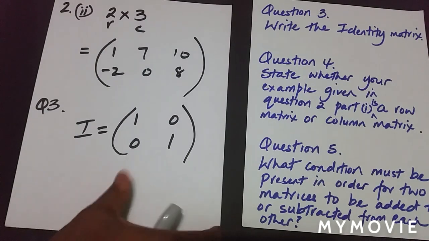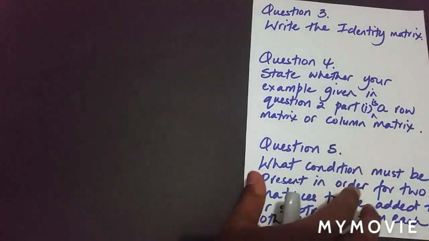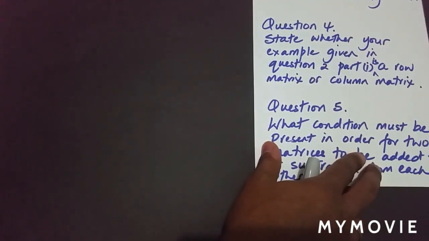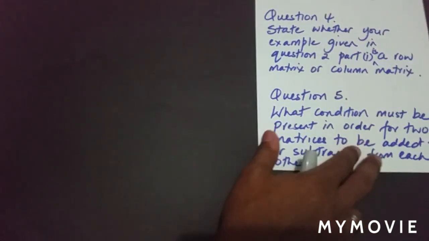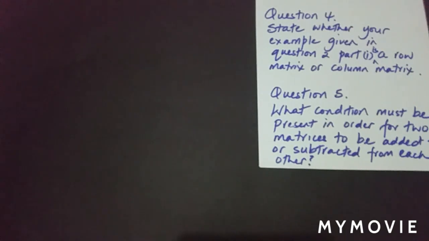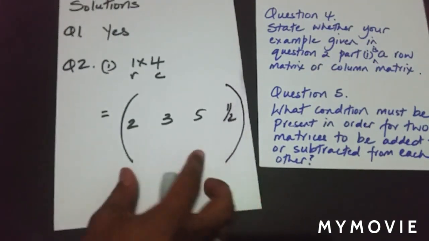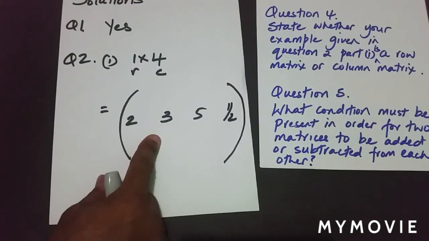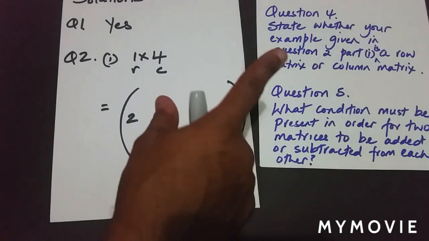Okay, so moving on to question 4 now. Question 4 says, state whether your example given in question 2 part 1 is a row matrix or a column matrix. So question 2 part 1 would be this. We should state whether this matrix is a row matrix or a column matrix.